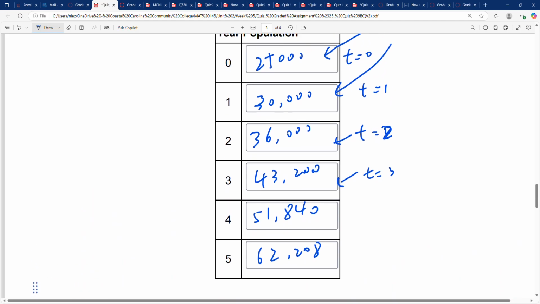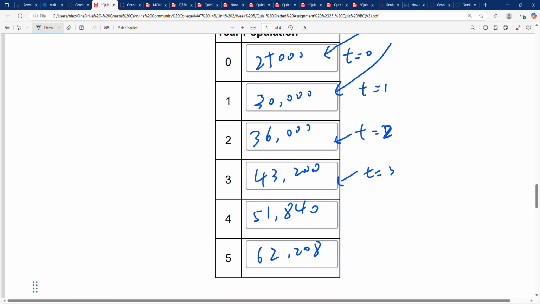I'm gonna draw the graph here. Let's start with the horizontal line. You'd better use a ruler. I draw it on the screen and don't have a ruler, so I draw it by hand, but for you, draw it on paper and use the ruler, okay? So this is 1, 2, 3, 4, 5.